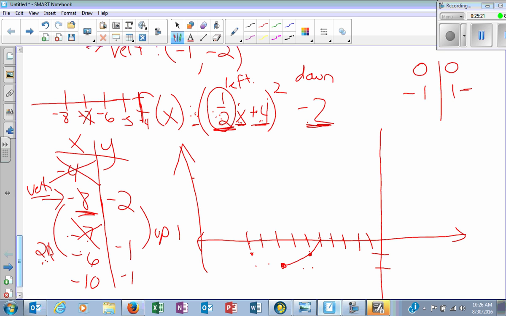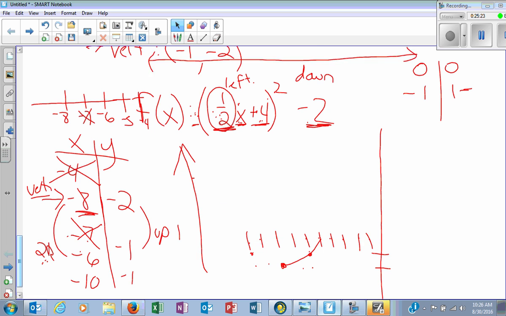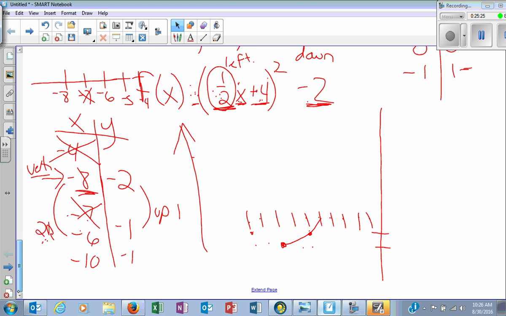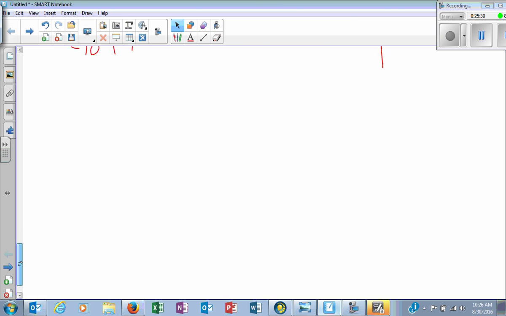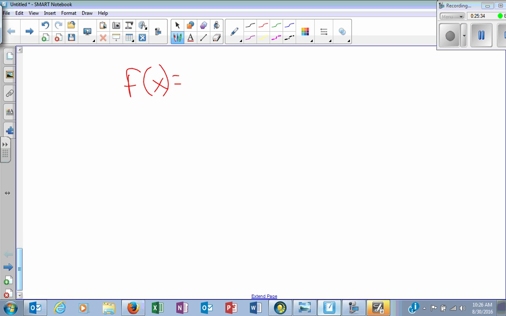Okay, last thing is for your test tomorrow. This is exactly what a test is going to look like. F of x equals 2x minus 3 squared plus 7.